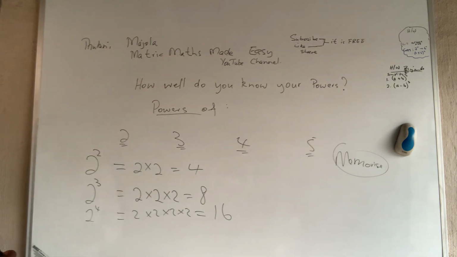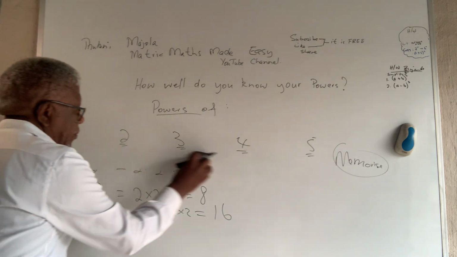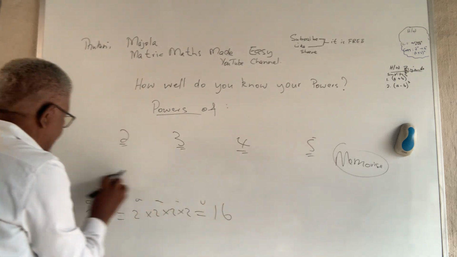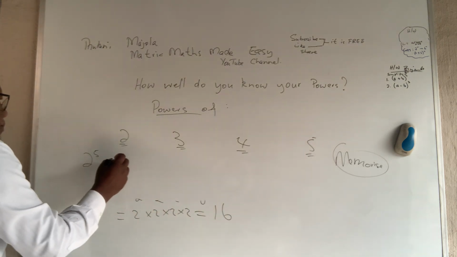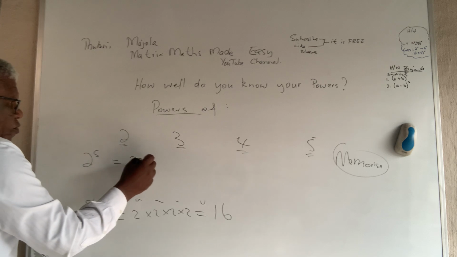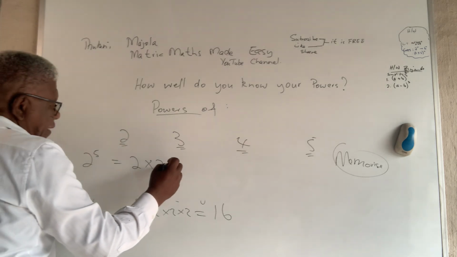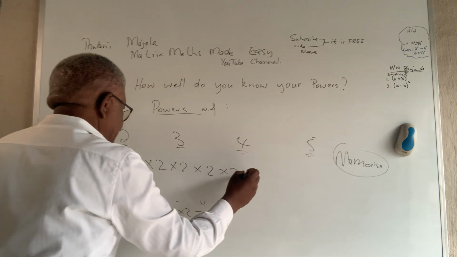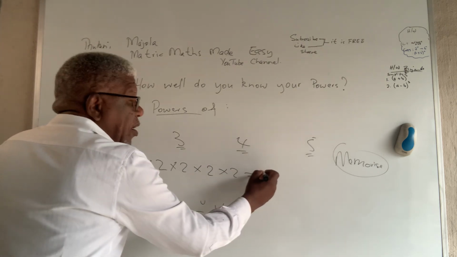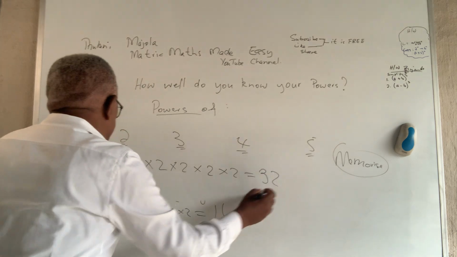Then 2 to the power of 5 is 2 multiplied by itself 5 times, which is 16 times 2, which equals 32.